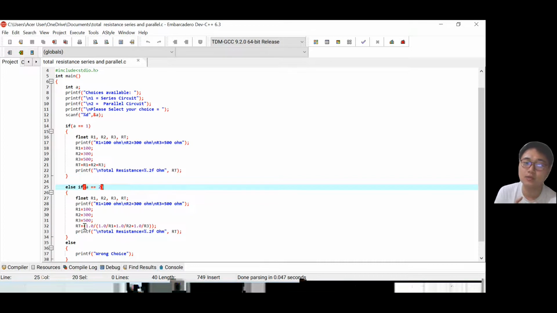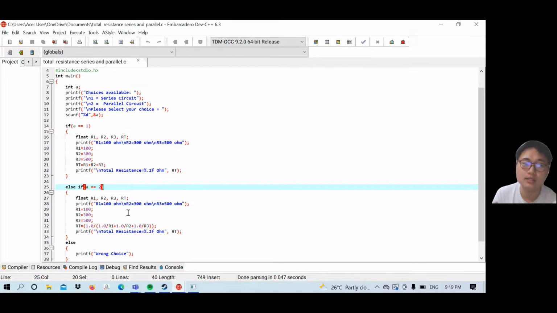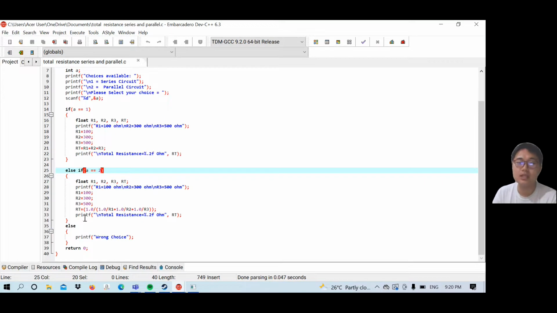But for the total resistance in parallel circuit, I have to divide: 1 divided by 1 over R1 plus 1 over R2 plus 1 over R3. And then I printf the total resistance will be shown. If I press any number other than 1 and 2, it will give me a printf of wrong choice. So let's get started on the output.